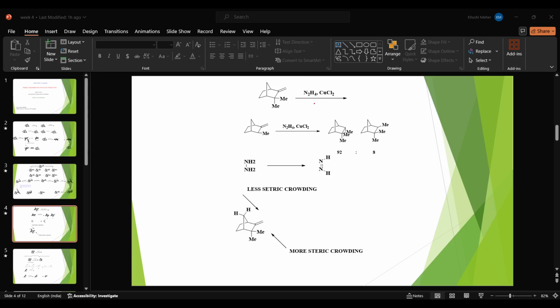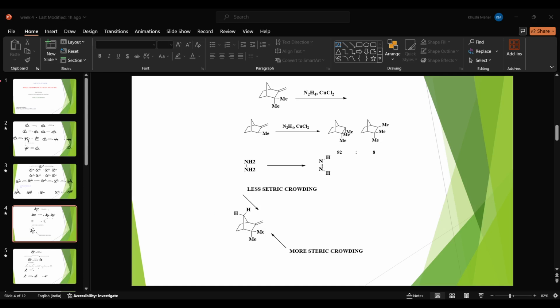They synthesize some derivative of that compound and check that crystal. If that is not possible, then they give the relative configuration through the NOE experiment. Maybe you know about the NOE experiment in NMR. From the NOE experiment, based on whatever protons are there, they give the relative configuration. It is not the absolute configuration. The best way to get the absolute configuration is X-ray crystallography.